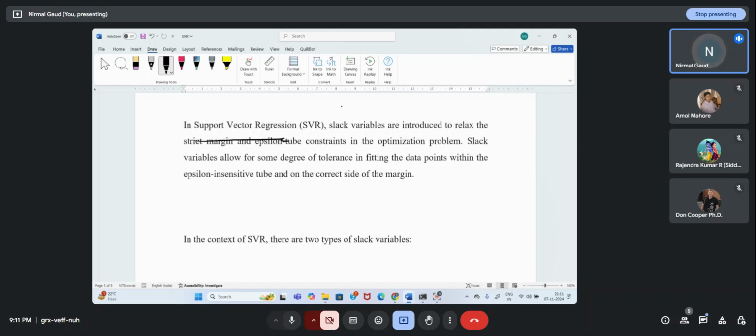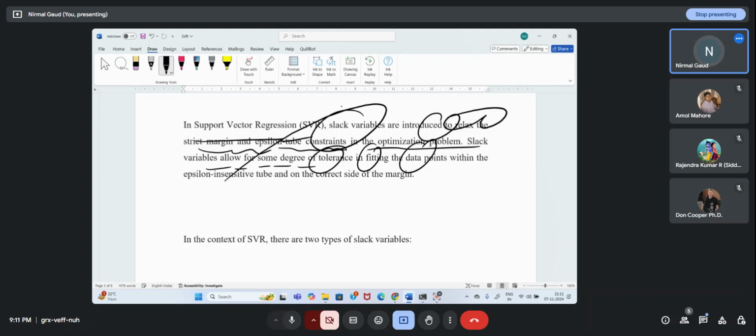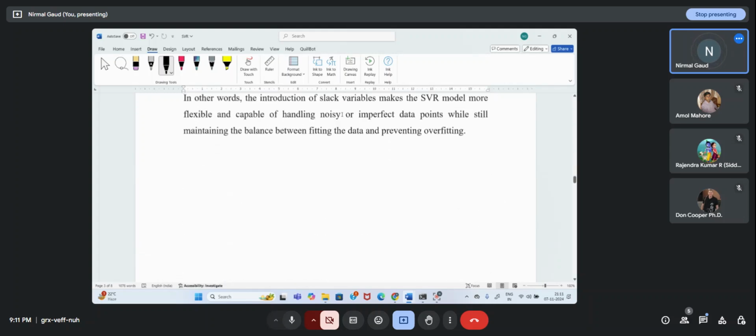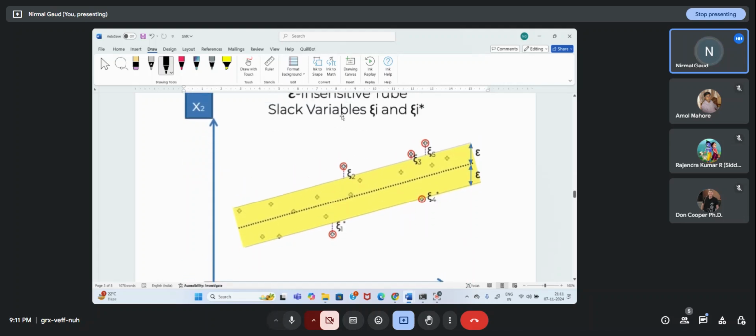In support vector regression, we have slack variables to relax the strict margin and epsilon tube constraints. What are these slack variables? Slack variables allow for some degree of tolerance in fitting the data points within the epsilon insensitive tube and on the correct side of the margin. You can see in the diagram, any point coming inside the epsilon tube is a good point.